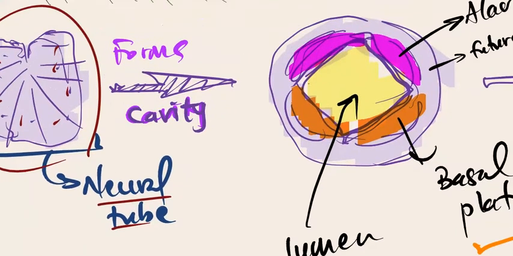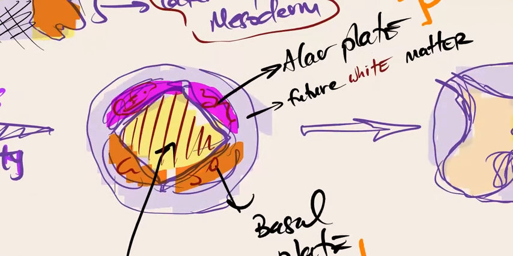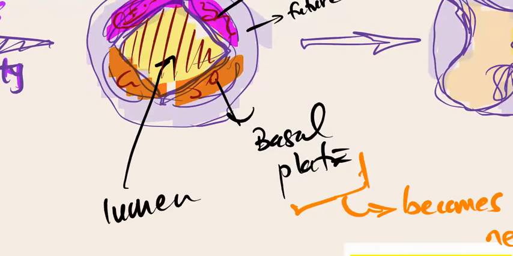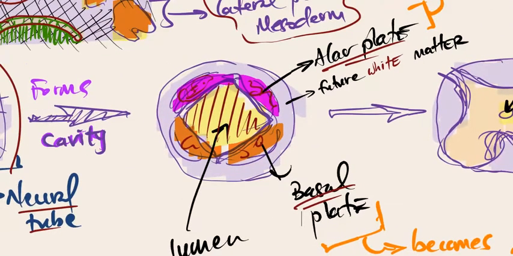So this is the lumen. These are the cells that have proliferated, and they're going to form an alar plate and a basal plate. The cells proliferate, they have a cavity inside of them, and then we're going to have the alar plate on top and the basal plate on the bottom. Okay, now the gray matter.